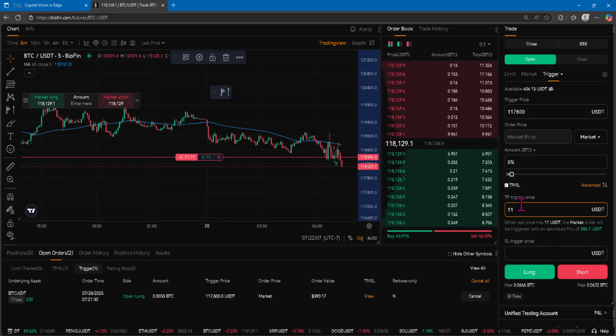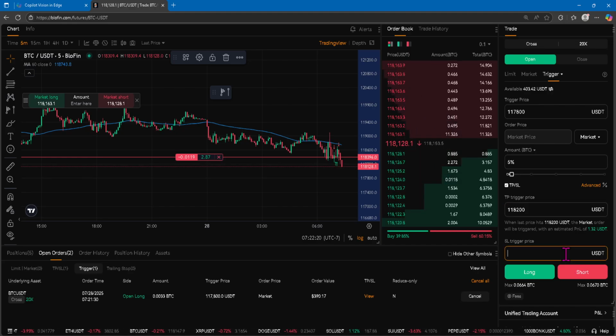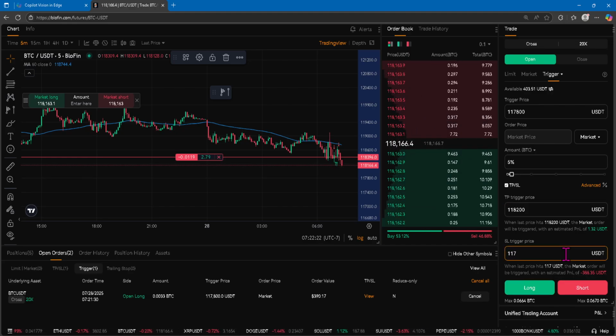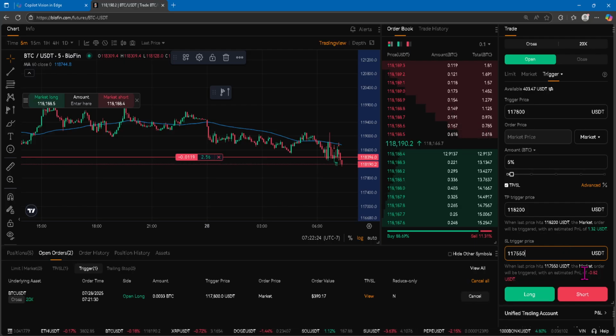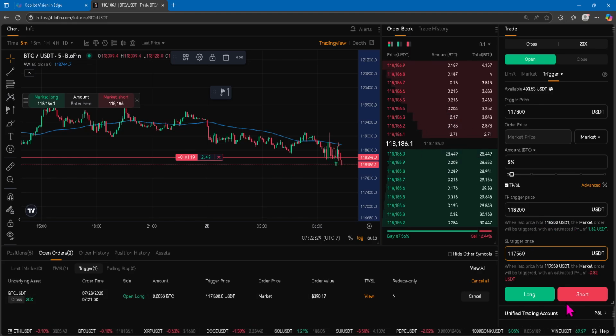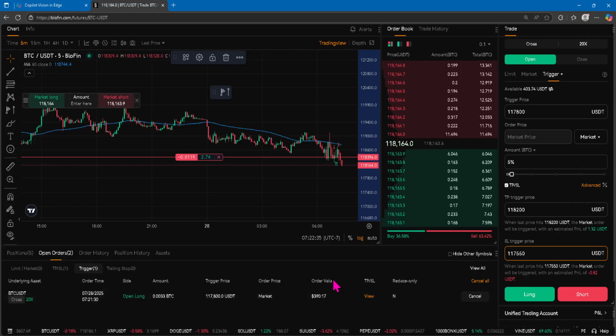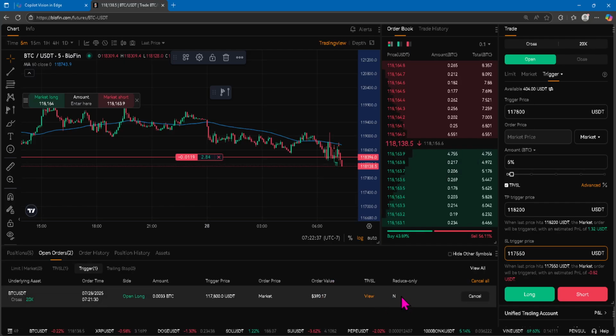We set our trigger price or sell order at, what do we say? 118,000. Sorry, it's supposed to be 200. Stop loss order would end up being 117,550. Okay, then we hit long and we created the order, and now you can see the order in open orders under trigger. And you can see all the information there: market price, order value, take profit, reduce, no.